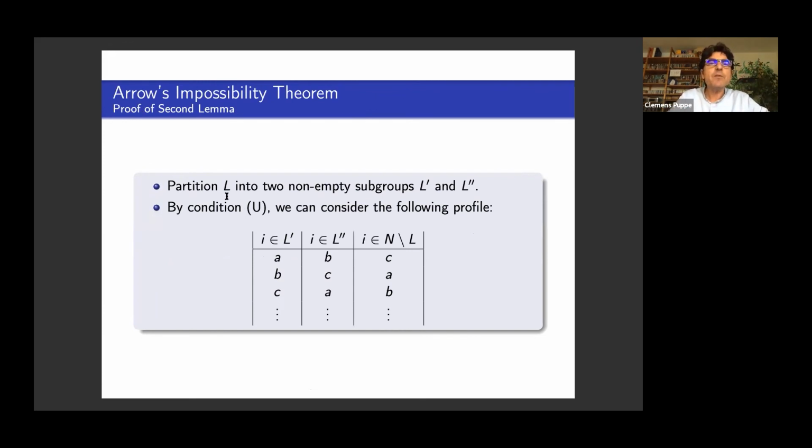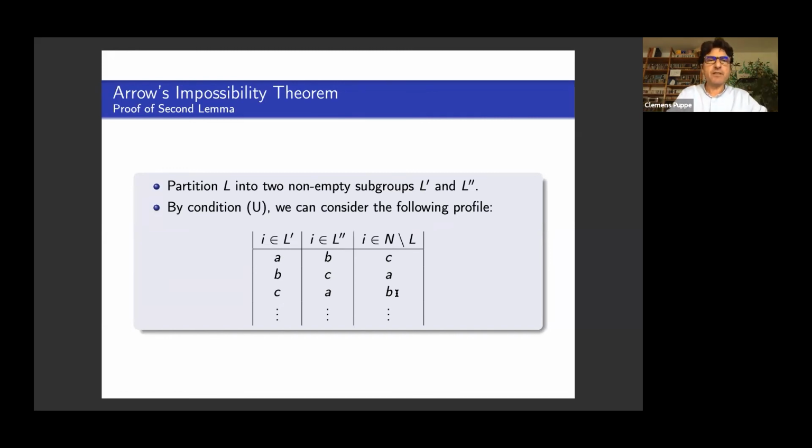If L has more than 1 member, we can split it into 2 proper subgroups, L prime and L double prime. By the unrestricted domain condition, we can now consider the following profile. The people in L prime have this preference, A, B, C. The people in L double prime have B, C, A, and all people outside L have C, A, B. Okay?